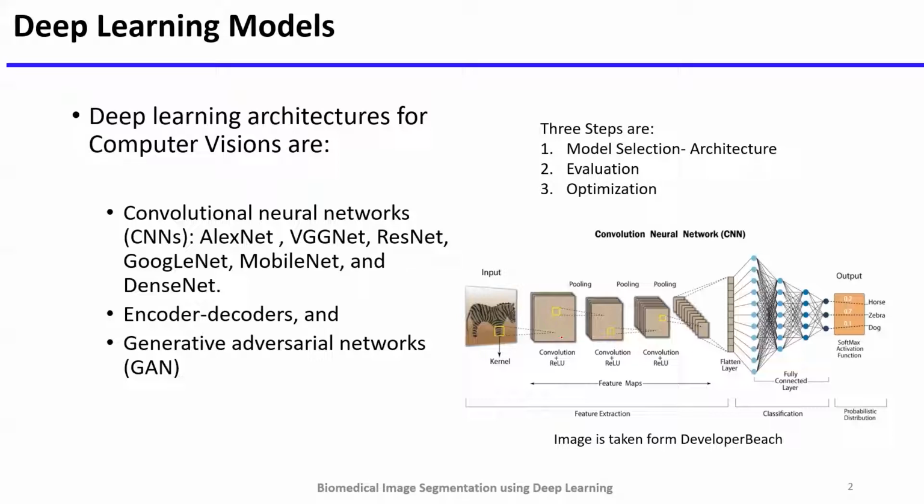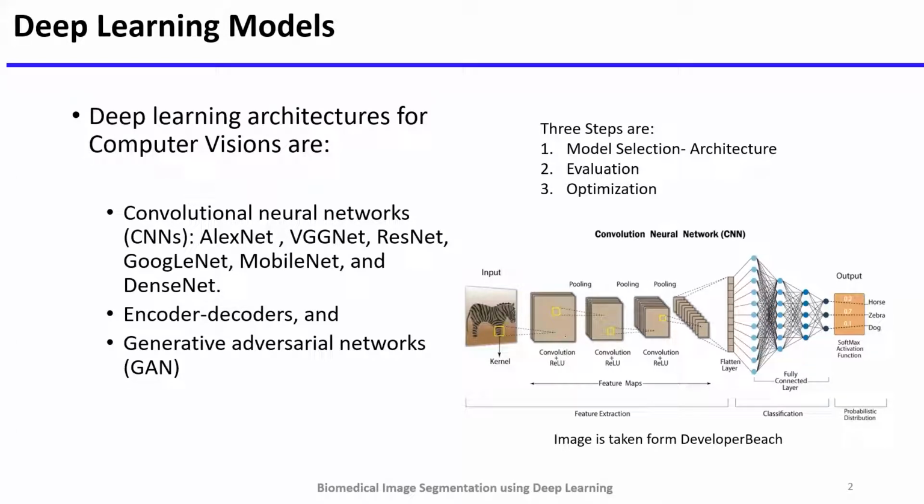Especially what happened in the convolutional neural network for image processing: a convolution model was developed to perform the operations to get the important features from the input image.